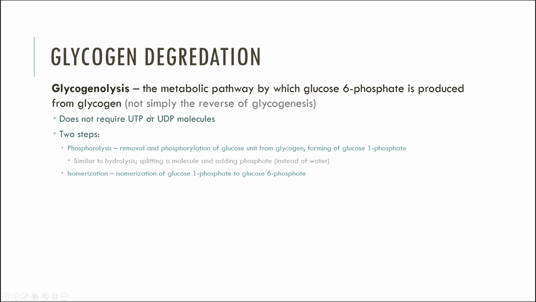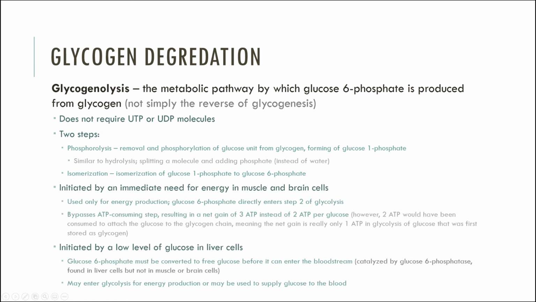It does not require the UTP, UDP intermediates. Instead we have direct phosphorylation right away, which removes a glucose from the glycogen unit, and we make glucose 1-phosphate, and then it gets turned back into glucose 6-phosphate.